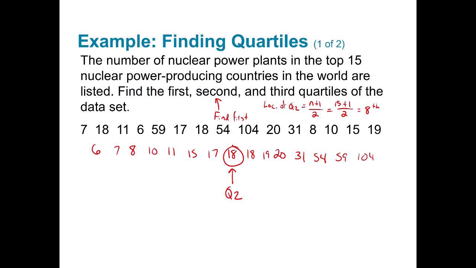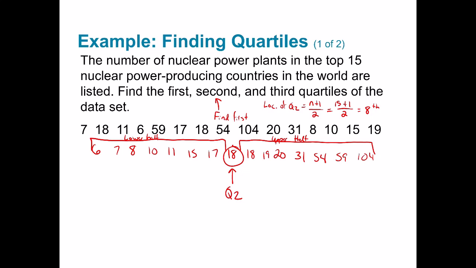From there, your median is dividing your data set into 2 different halves. You have the lower half of your data and your upper half of your data. What that means is your median is not going to be in either half of your data.